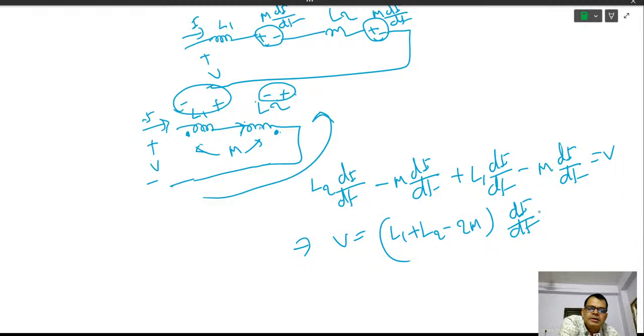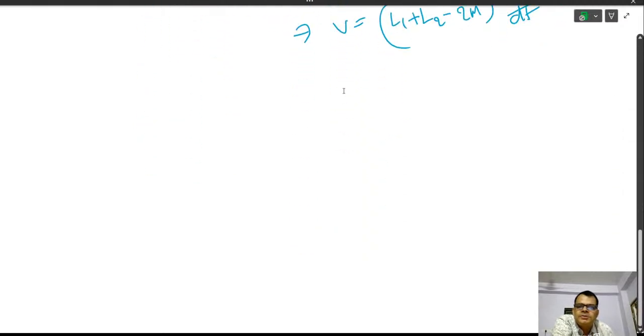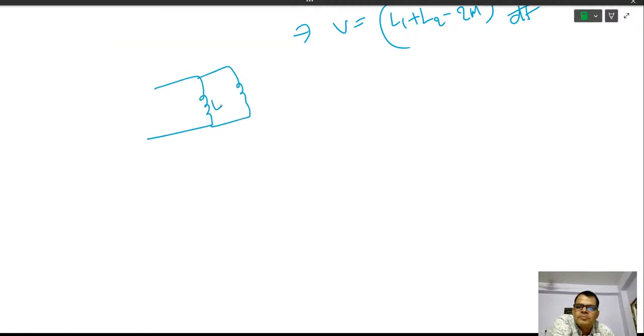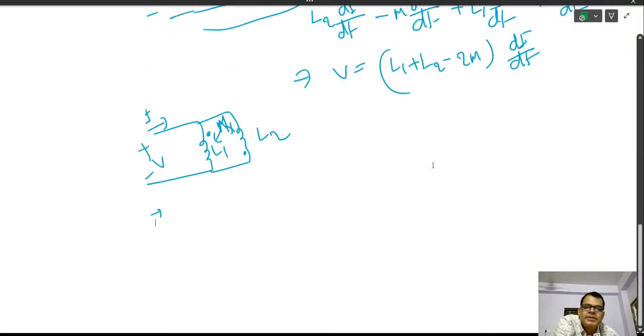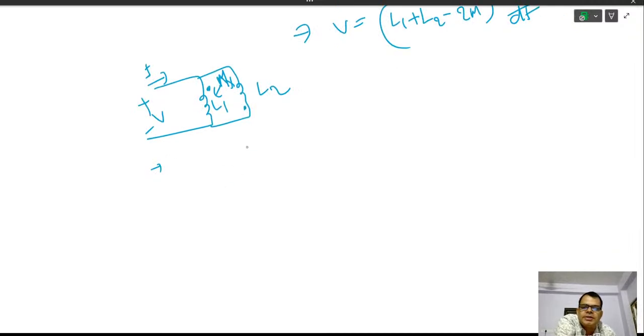Clear? Now come to the parallel case. Suppose you have L1, L2 in series opposing, with V and this is the I. For this case, if you write these types of terms, it will be a very huge equation.